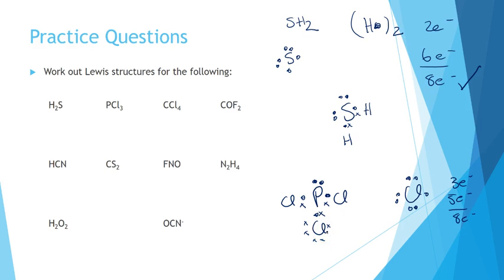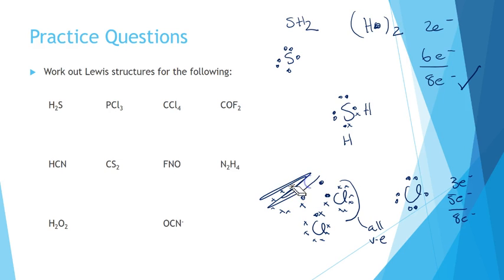Fill these all in. And there we go. Each one will now have 8 around chlorine and the 8 around the phosphorus. It's really important to remember when we do these, if we don't show all the valence electrons, we're not going to get the marks. So you do actually have to show all of those.